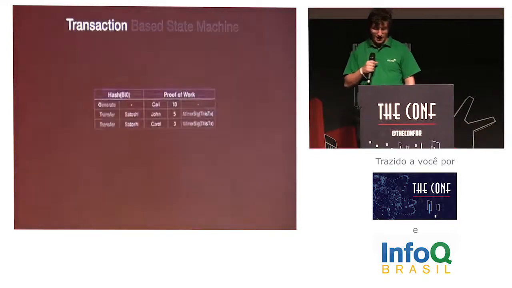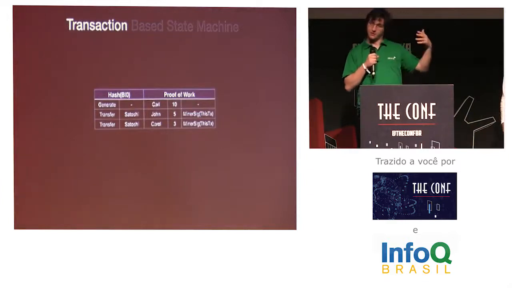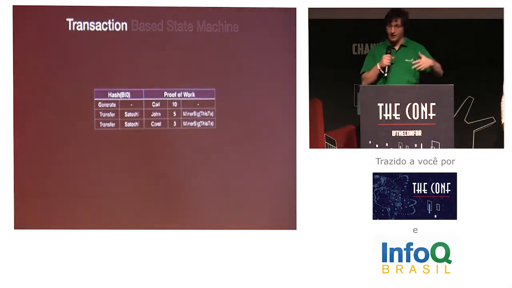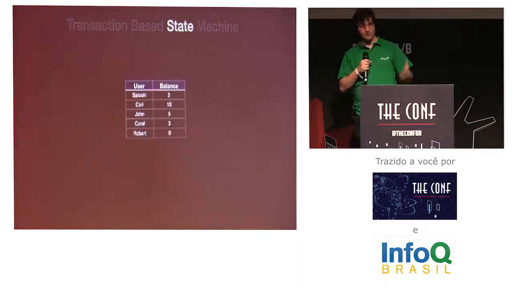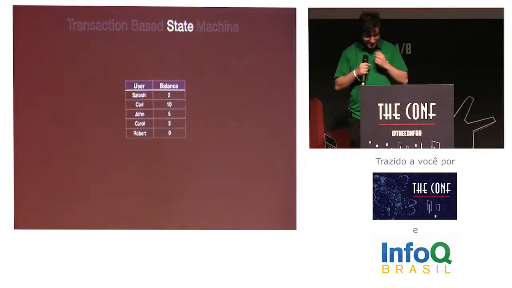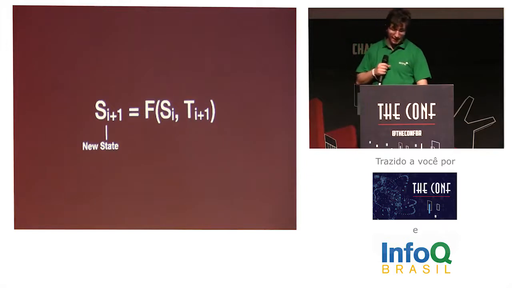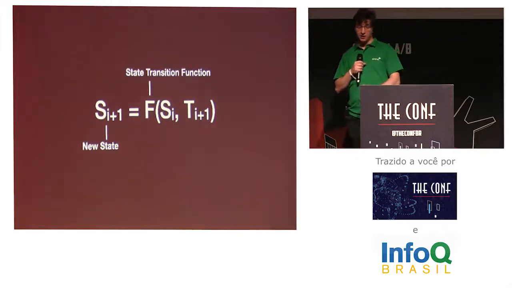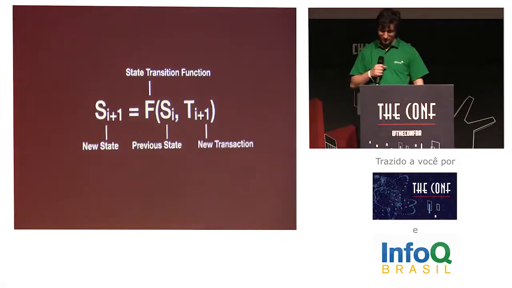So a transaction is like create money, or send money from someone to someone, and from there we can derive a state. In the case of Bitcoin, it can be something like user X has balance Y. In general, formally, we can say that any state I+1, the new state, can be found by applying a state transition function using the previous state and the new transaction.